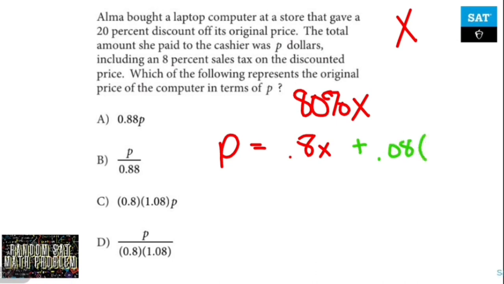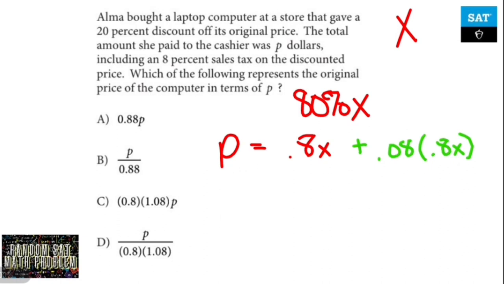So you're paying 0.08 of 0.8x. That's awful. On top of 0.8x. So I'm looking at what they have here, and I'm trying to figure out how they want me to combine these, but it's kind of like they don't want me to combine them. Eventually, I have to solve for this x here.